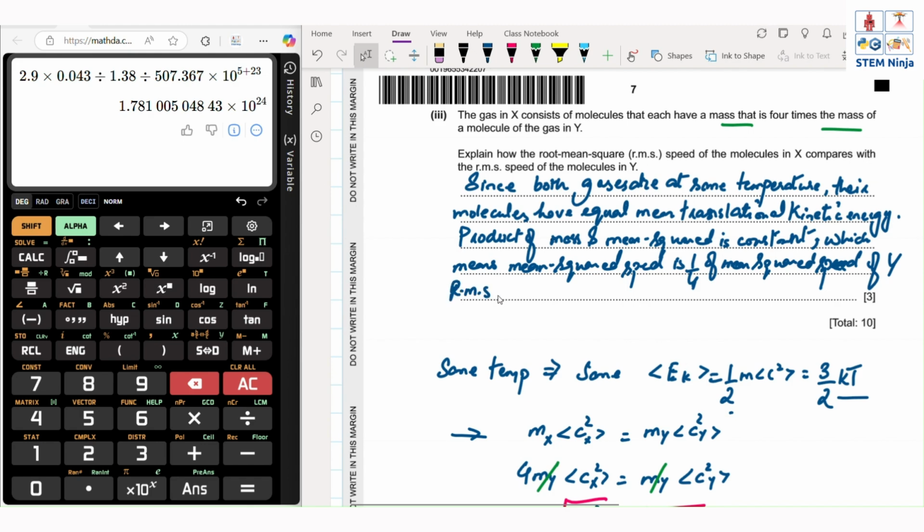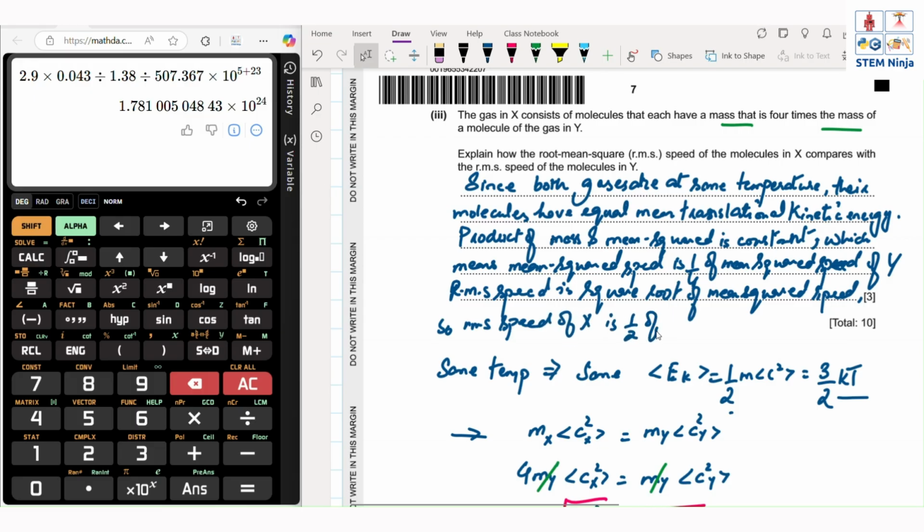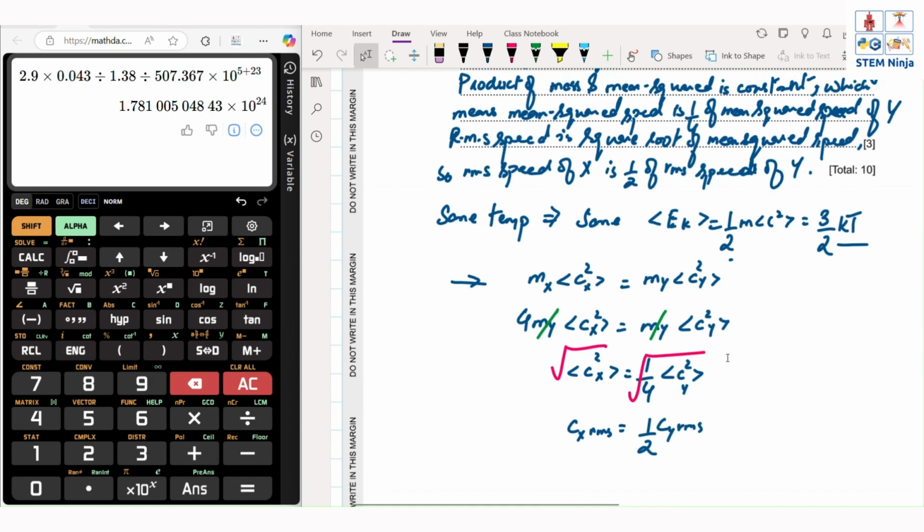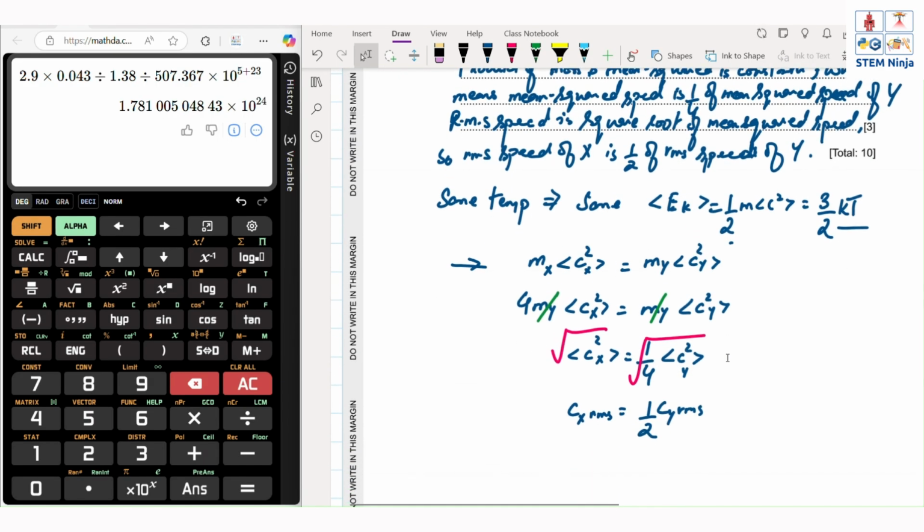RMS speed is the square root of the mean squared speed. So the RMS speed of X is half of the RMS speed of Y. Okay, all right.